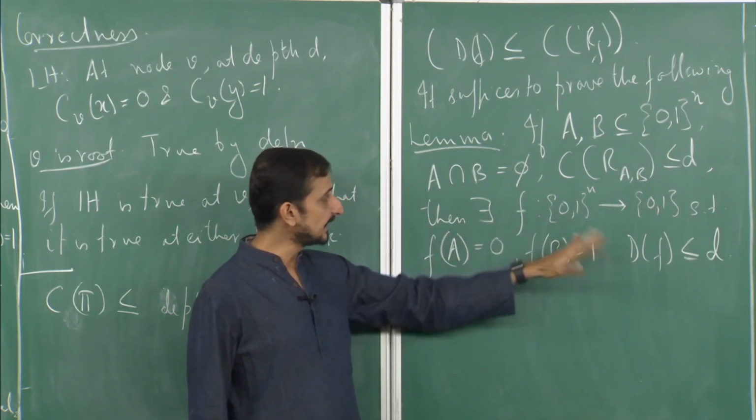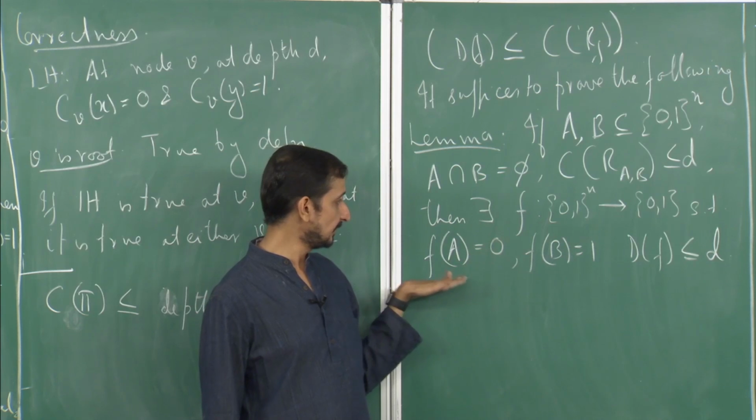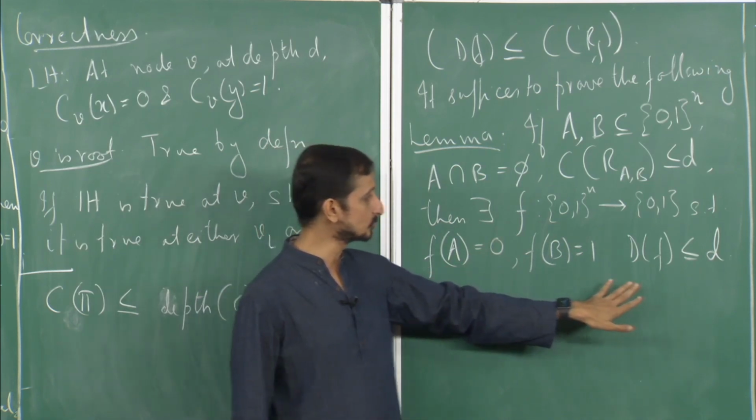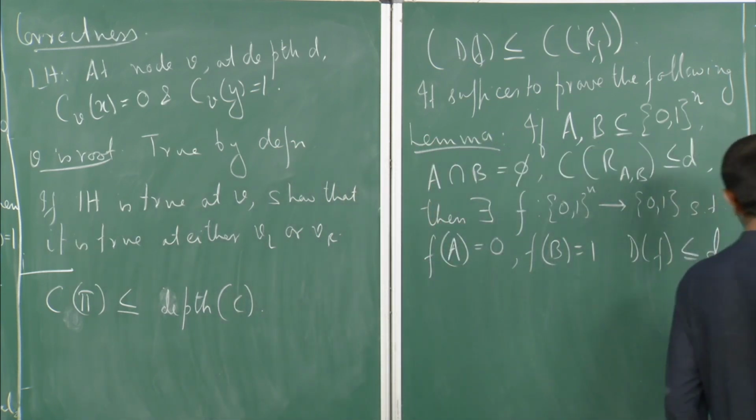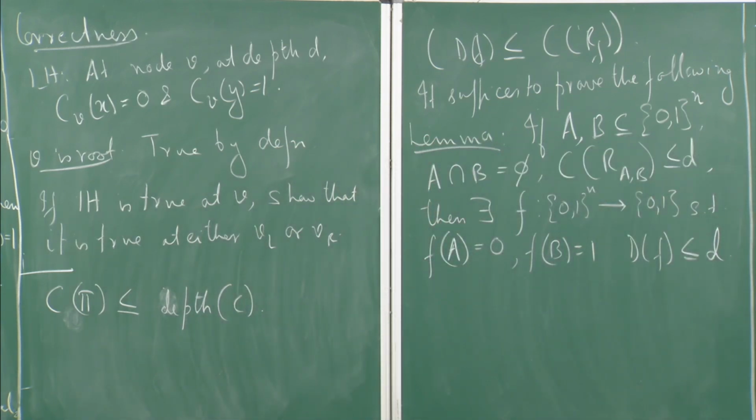Now what this is saying is that there exists a function f such that f of A goes to 0, f of B goes to 1, and d of f is at most d. There is a circuit for f which has at most d depth.